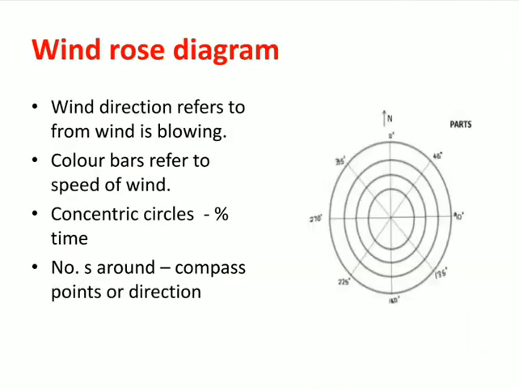Wind direction refers to the direction from which the wind is blowing, and color bars refer to the speed of wind. Concentric circles represent percentage time, and the numbers around the circles show compass points or direction.